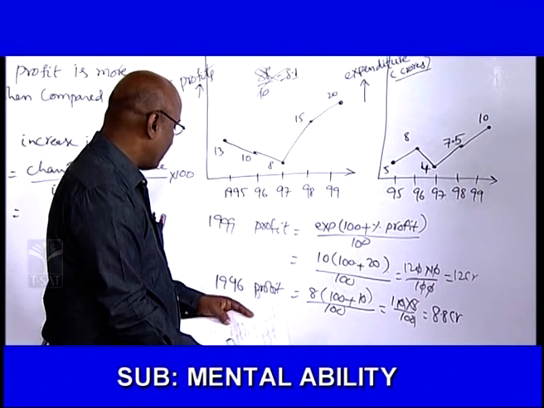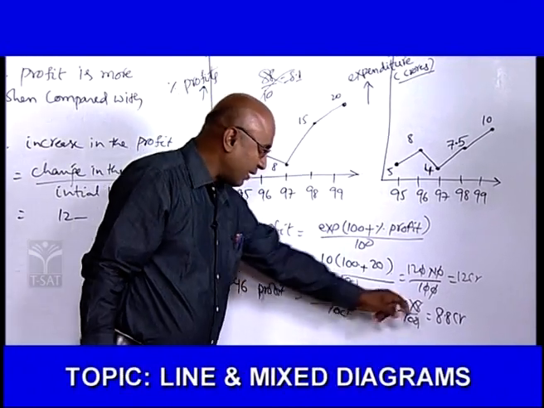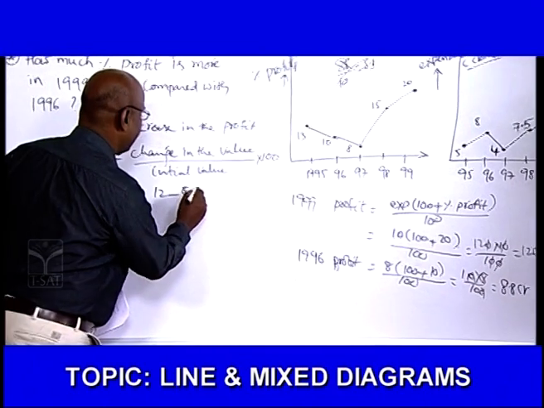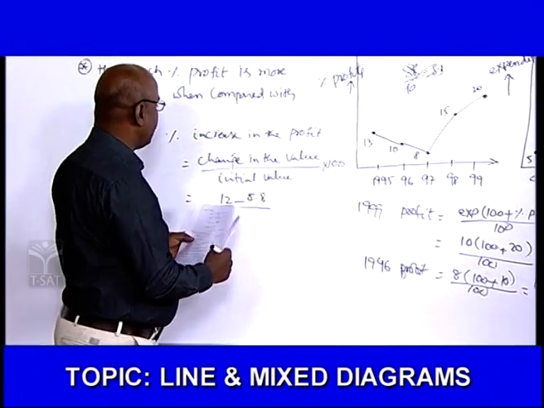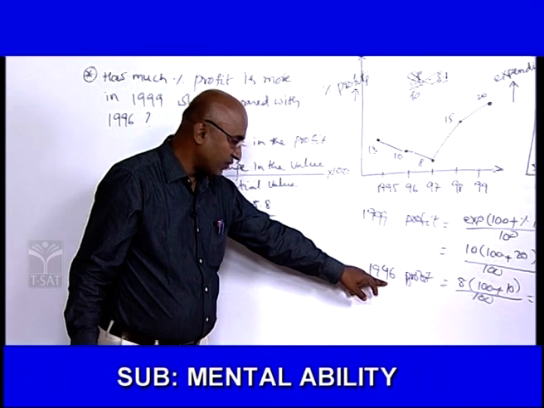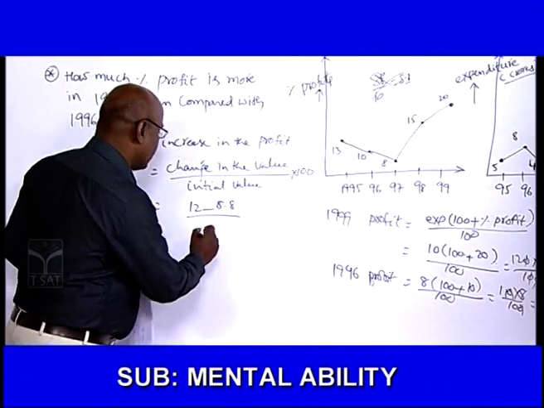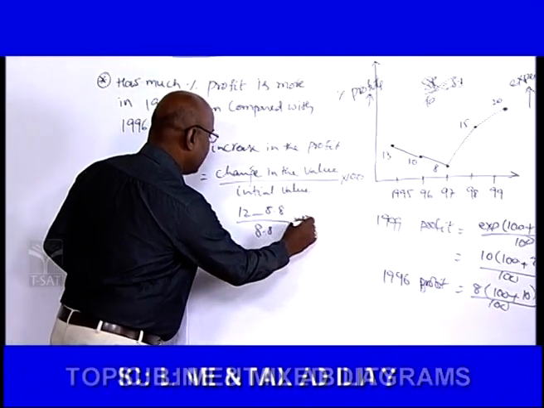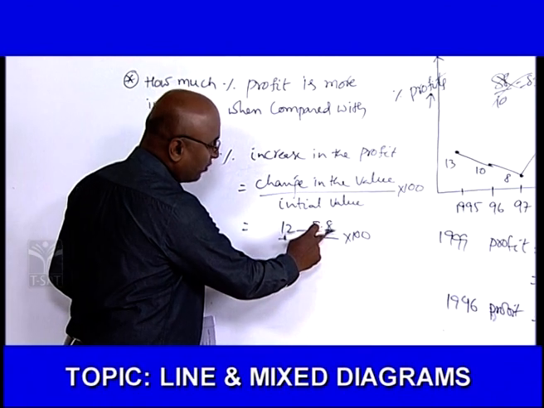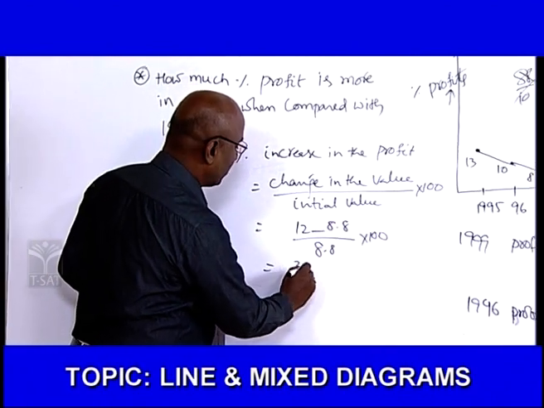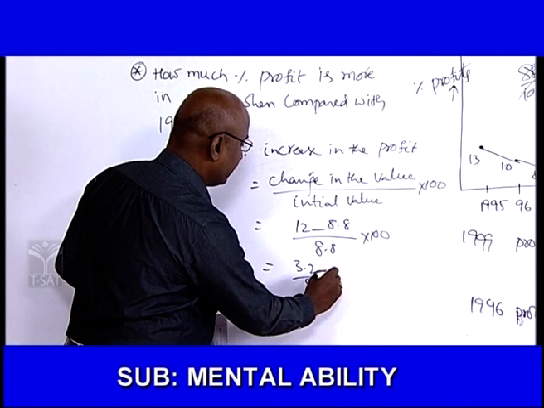Got it? So profit in the year 1996 is 8.8 crores. Initial value means we are comparing with the value of 1996, that is 8.8 into 100. 12 minus 8.8 is 3.2, by 8.8 into 100.